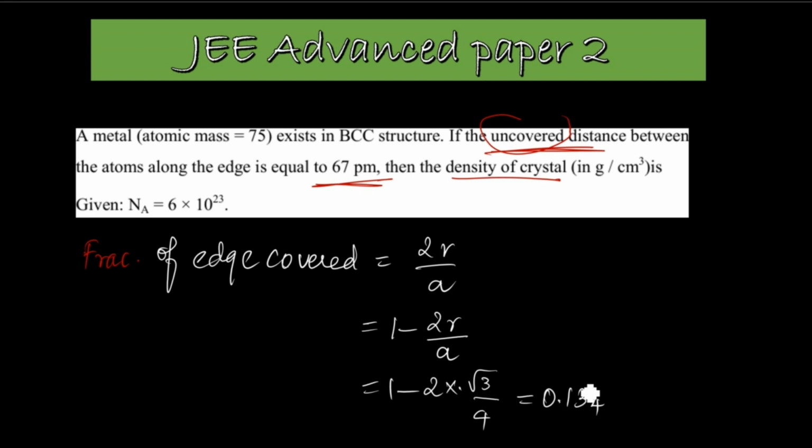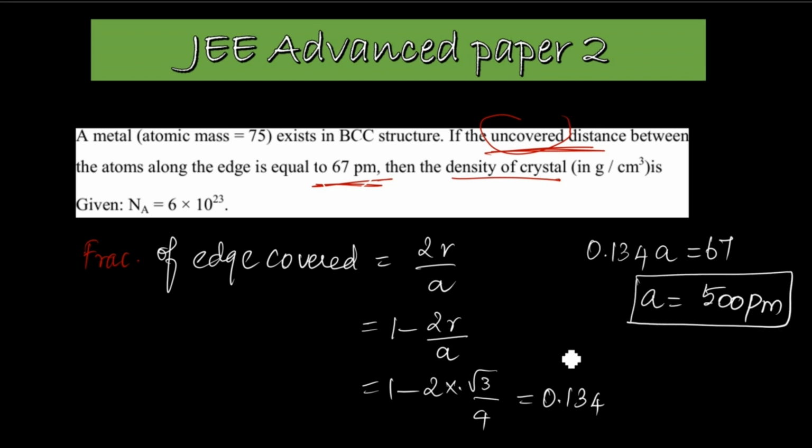So how can we find the A value? 0.134A is equal to 67 picometer. So A is equal to 67 by 0.134, which is equal to 500 picometer.